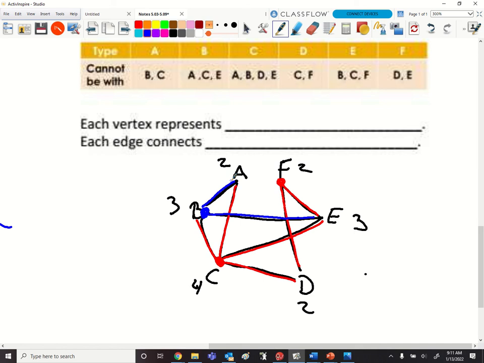I'm still going to use the third color anyway. If I chose E, that one would have had to be a different color anyway. Now, can I use blue anywhere else? At D, right? I would go right here is blue. Anywhere else?